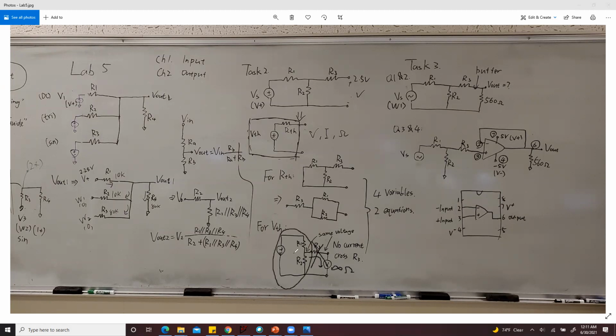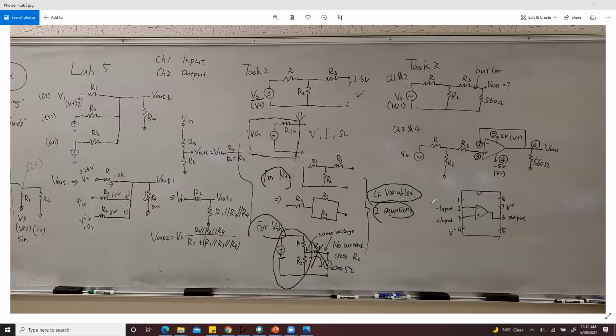This seems familiar because this is a voltage division circuit, which you did last week, and also in task 1 and in the pre-lab. So the VTH is related to R1, R2, and Vs. In this case, you have two equations, one for RTH and one for VTH, and you have four variables: R1, R2, R3, and Vs. So you will have many solutions for this design.